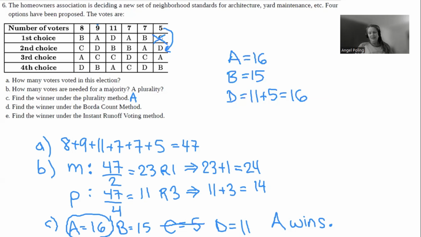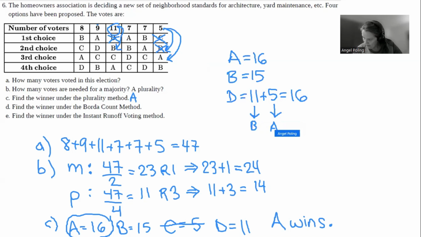Now, if we eliminate D, then we have these 5 votes going to A, and then these 11 votes going to B. So if D's out, these 11 go to B, and these 5 go to A. So now, oh, that's not an A. Trying to think and write and talk all at the same time.